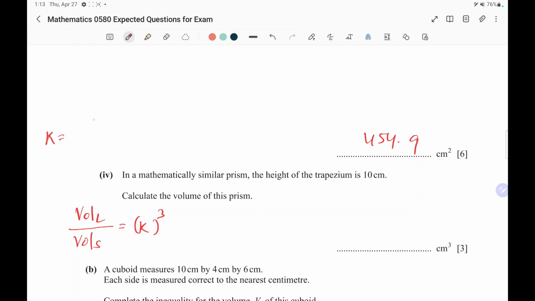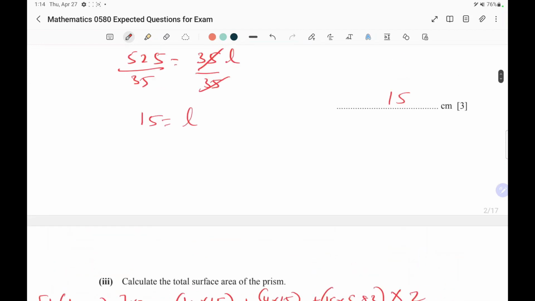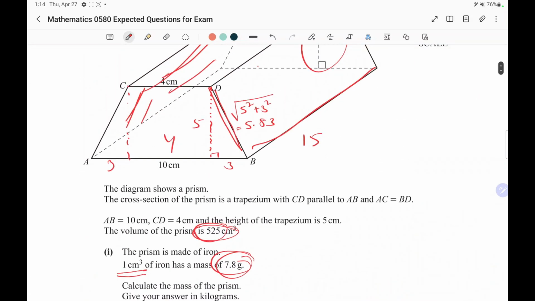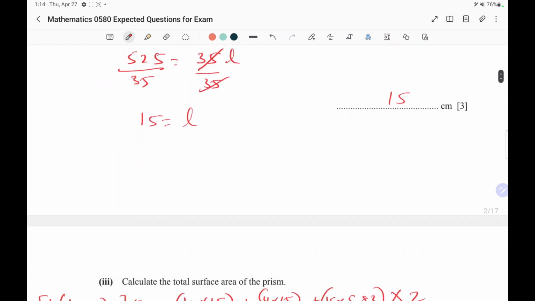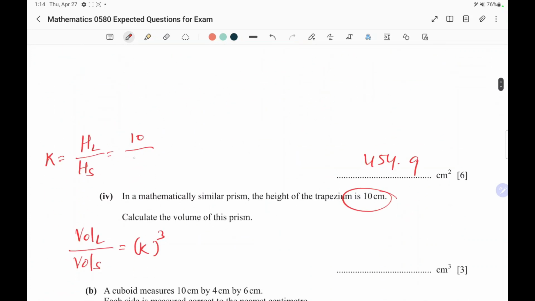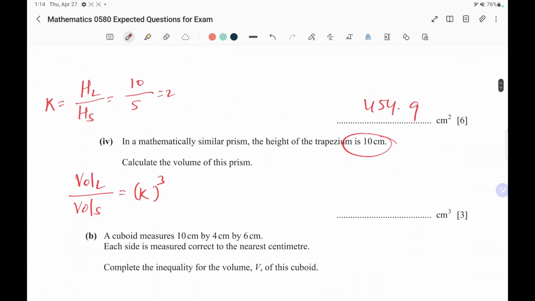K is height of larger prism over height of smaller prism. So height of larger prism is given to us, that is 10, and height of smaller prism is given to us, that is 5, right? So 10 over 5, so this is 2.